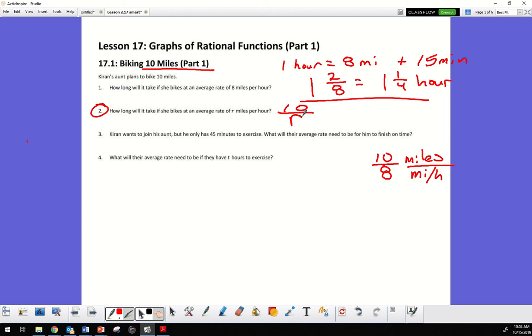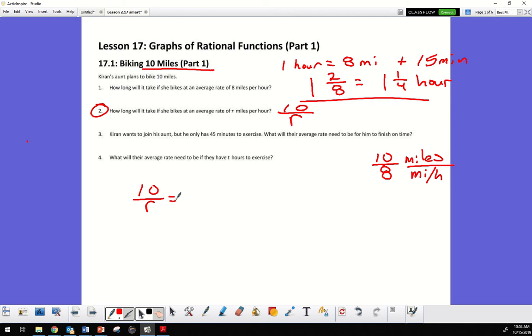I know it's going to be 10 over r is equal to, okay, 45 minutes. How would I write that in hours? It would be 3 over 4, wouldn't it? 45 minutes is 3/4 of an hour.